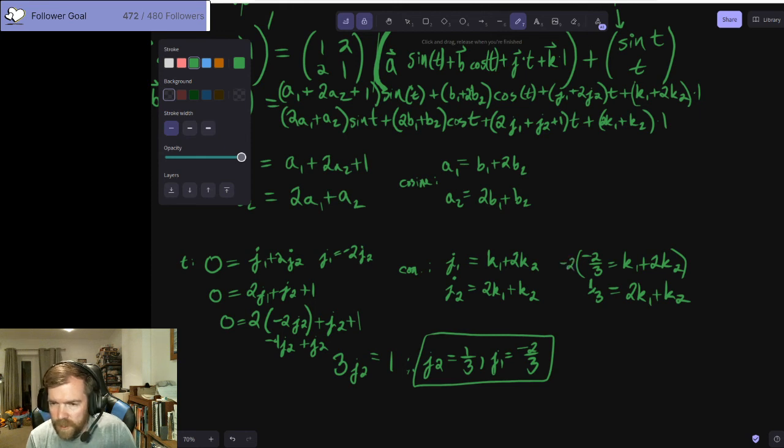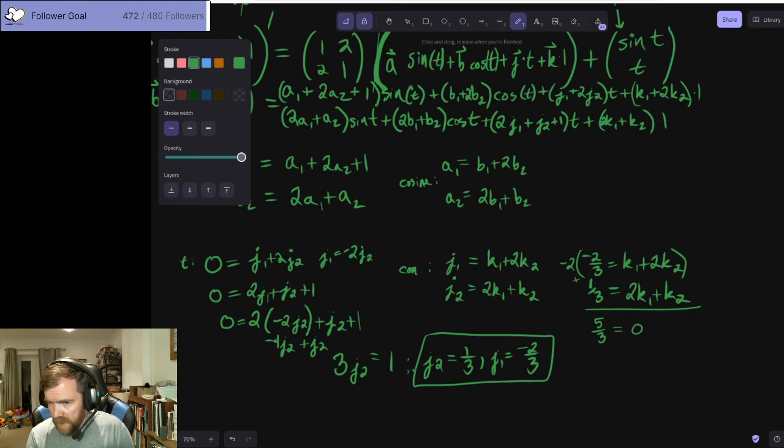Multiply this row by negative 2 and add. We're going to get a positive 4/3 plus 1 is going to be 5/3. Plus a negative 2K1 plus 2K1 is going to be 0K1.